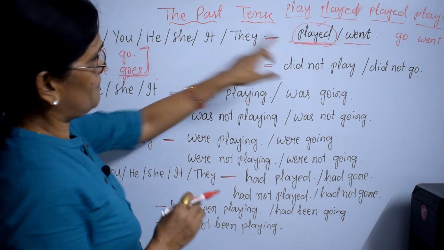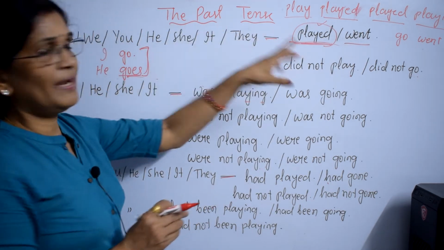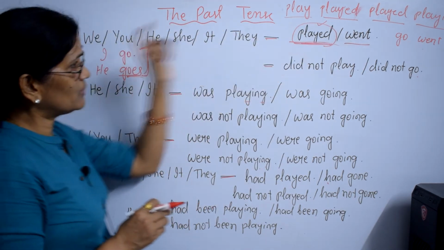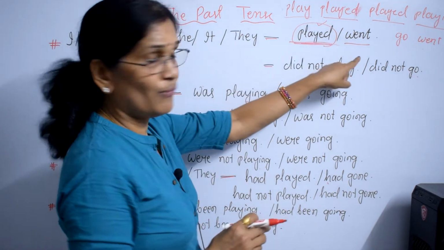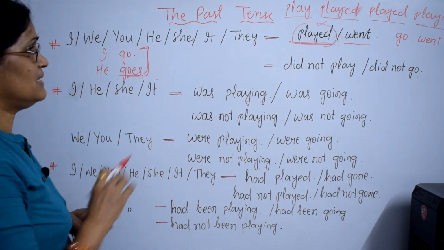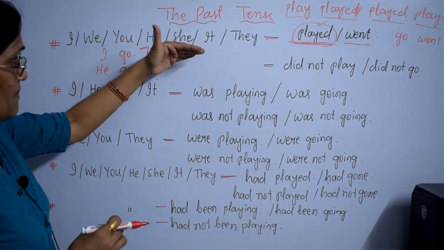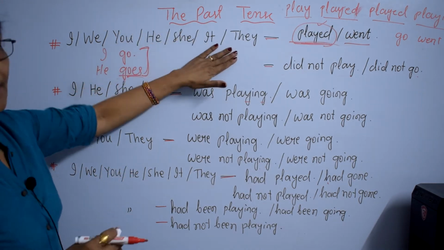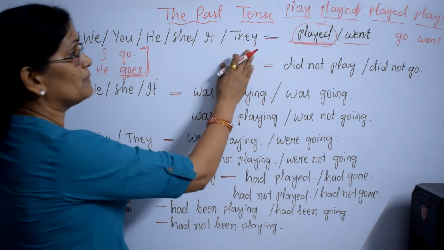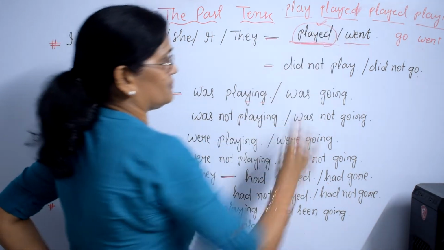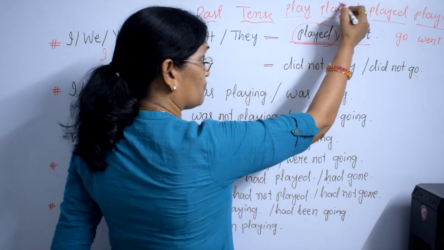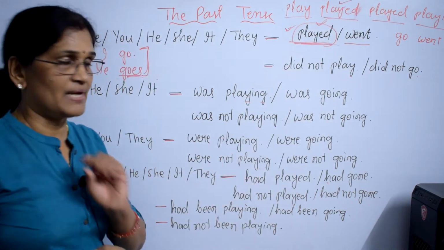With I played, with she played, with you we went, with she went. This is the difference between simple past and simple present. When you use the direct second form of the verb, that is simple past.